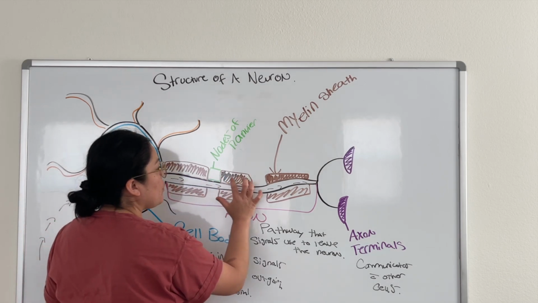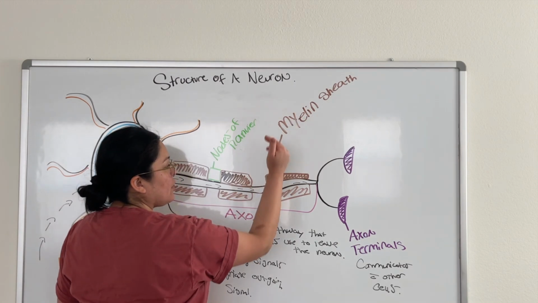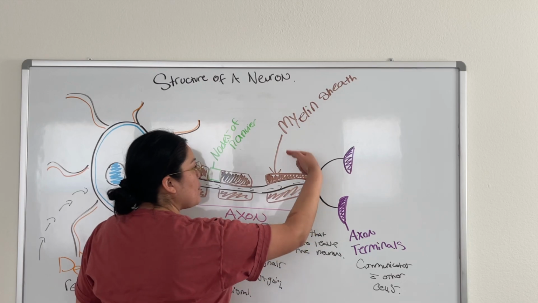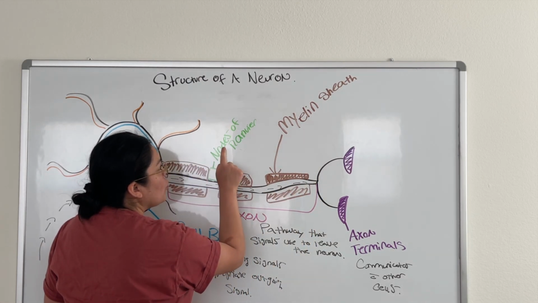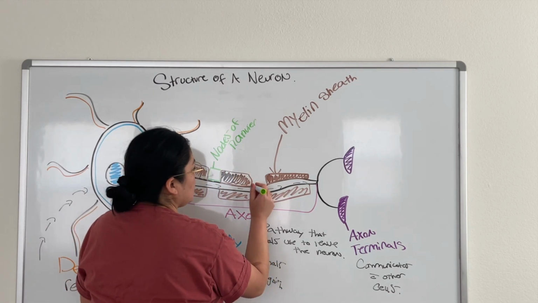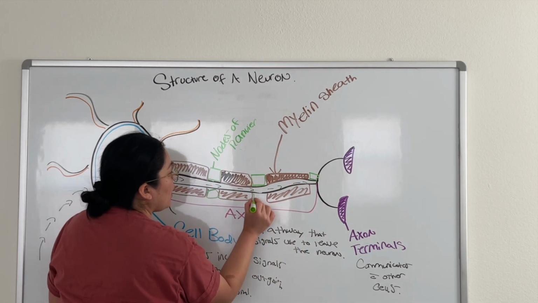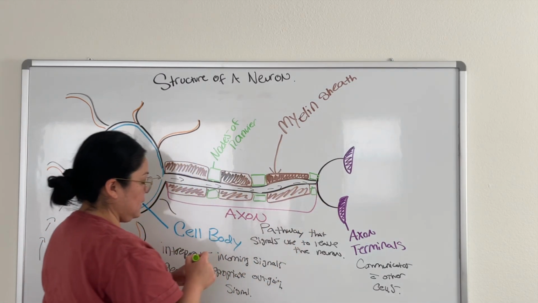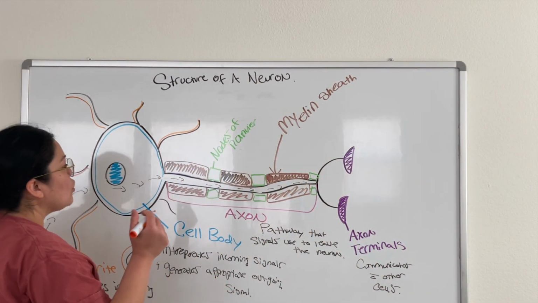So what I've drawn here in brown, extending down the axon, is the myelin sheath. The myelin sheath wraps around the axon kind of like a band-aid, and it leaves these spaces. These spaces are called the nodes of Ranvier. So each one of these little spaces is like a little junction here. And the reason why these nodes and the myelin sheath are so important is because of the electrical impulse.